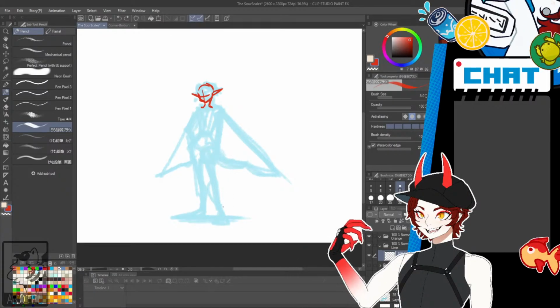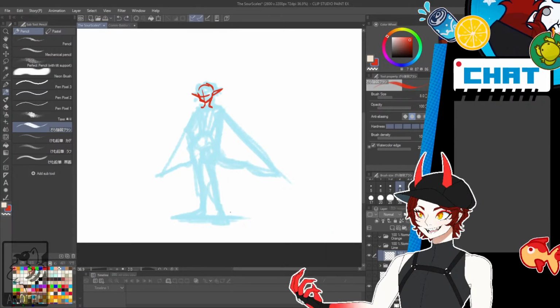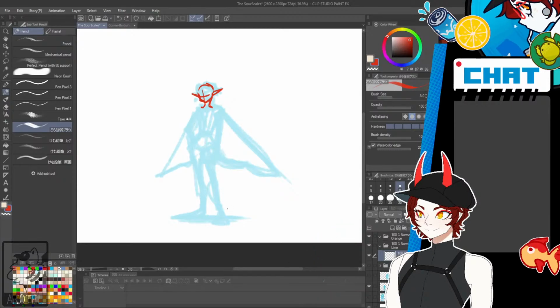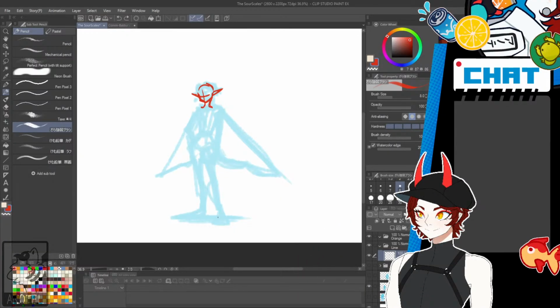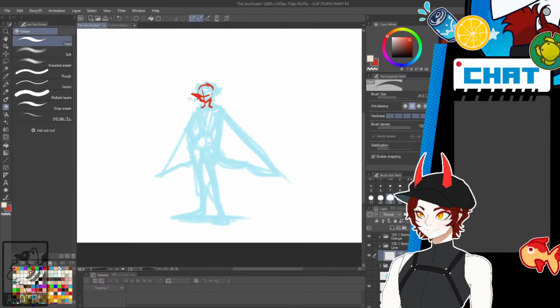I know I wanted this one to be very stick, but fluffy. I like the fluff on the butterfly, so I think I wanted this one to get some more. But yeah, let's get fluffy with it.